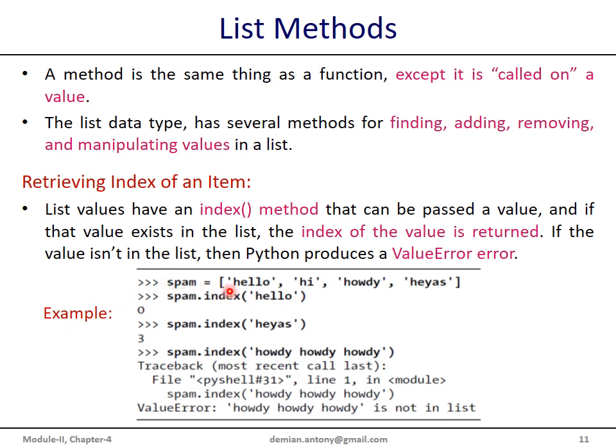We have a list called spam, and we want to know the index of the value hello.